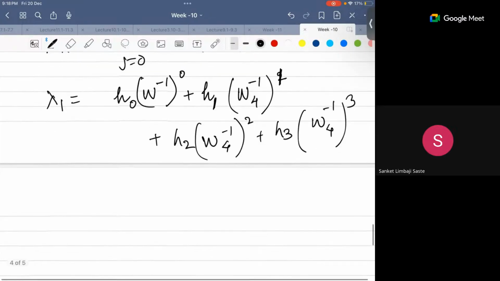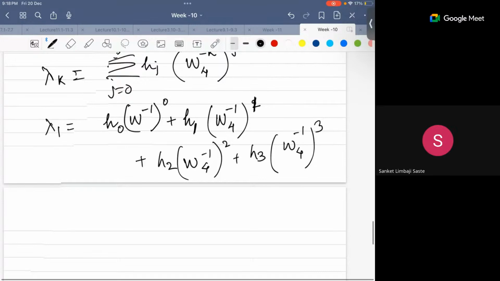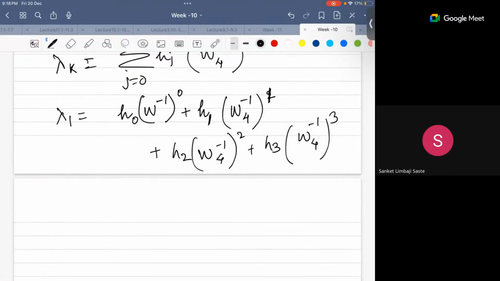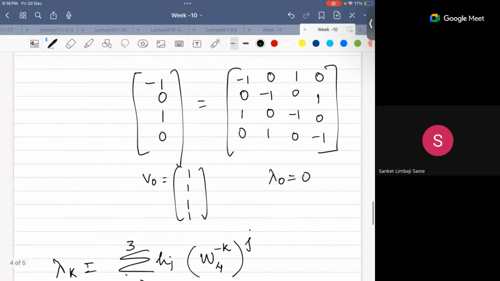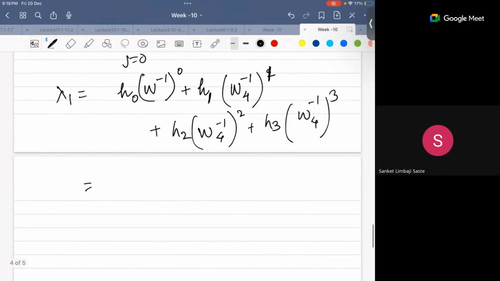Now what values are you getting? h0 is minus 1, so minus 1 plus 0.